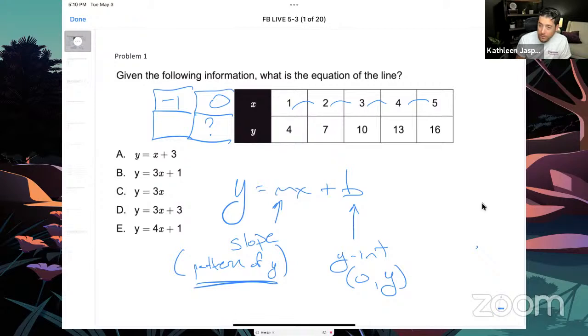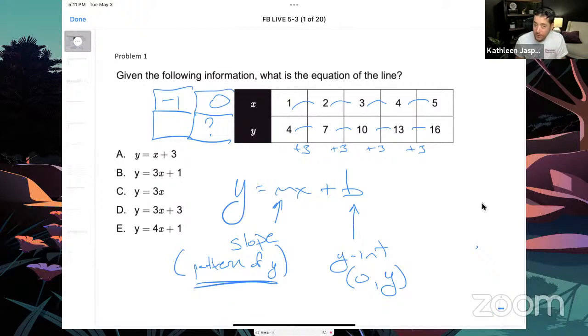You've got to be careful with those, okay? So as long as your x is going consecutively, like it is here, then we can figure out the pattern between these. So from 4 to 7, we know the pattern goes +3. From 7 to 10, +3, +3, +3. Get the idea? It's +3.